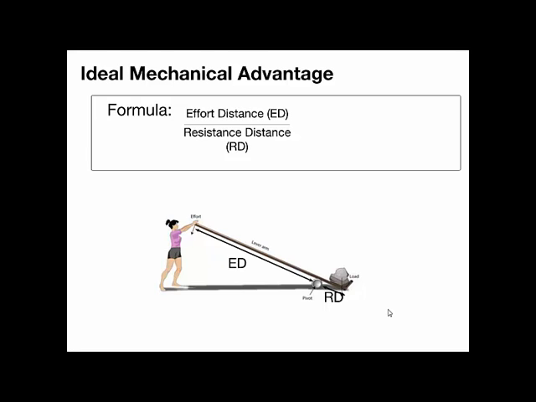So the effort distance is what is the distance in which she has to apply her force? So how far down does she have to move it? Resistance distance is how high the resistance moves.